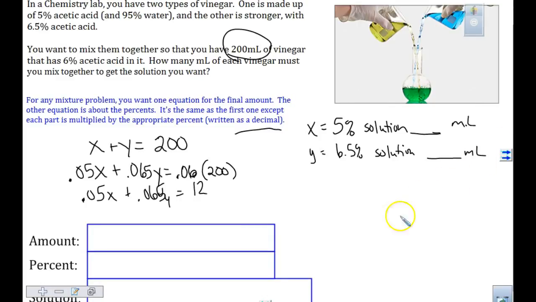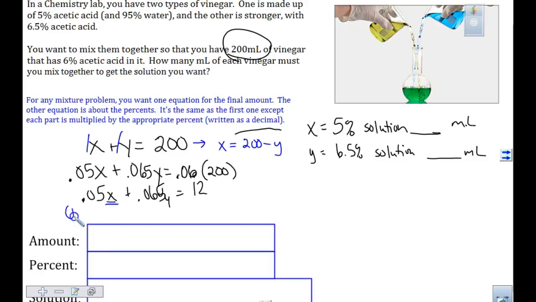Substitution or elimination? What do you think? Some ugly multiplying to get elimination. I probably would go with substitution. I probably would look and say, you know what, I'm going to solve either for x or y here because they both have a 1 in front of them. And it doesn't matter which one, so maybe I just decide, you know what, I'm going to tell what x equals. X is going to equal 200 minus y. And now in this equation, I'm going to replace this x with 200 minus y.